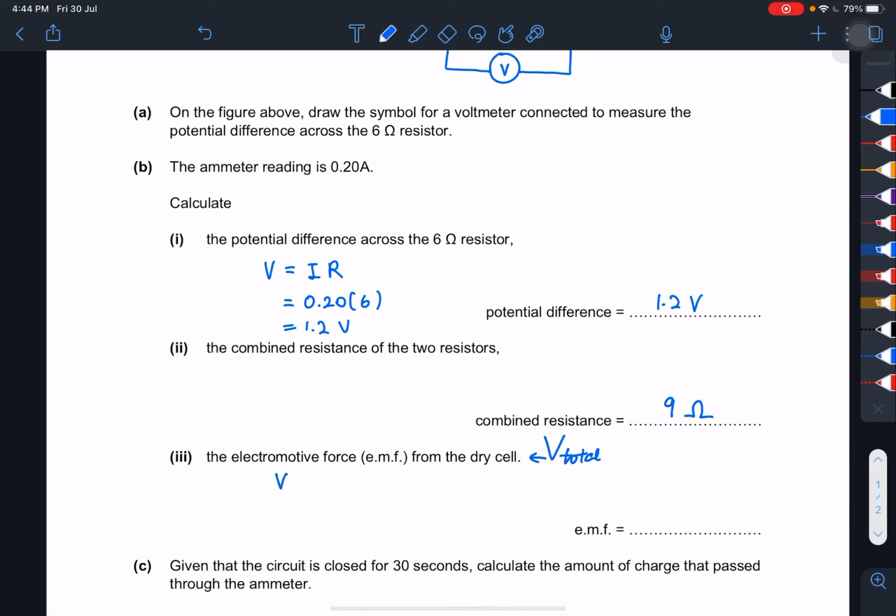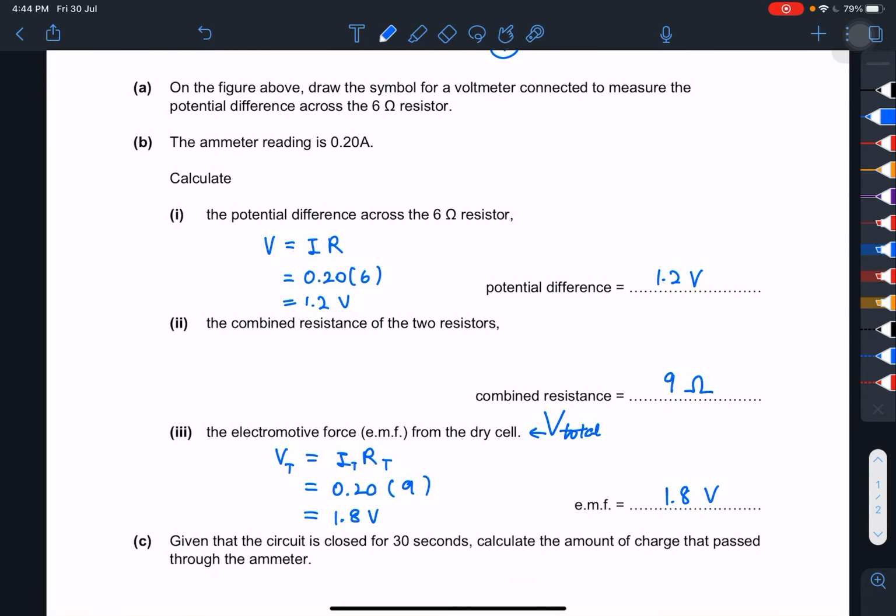So same thing, V equals IR, but now we put the totals here. Total current is the same, 0.20, total resistance is 9. So the EMF from the dry cell is 1.8 volts. Just a reminder, potential difference and EMF are roughly the same thing. It's just that for EMF we refer to the power source.